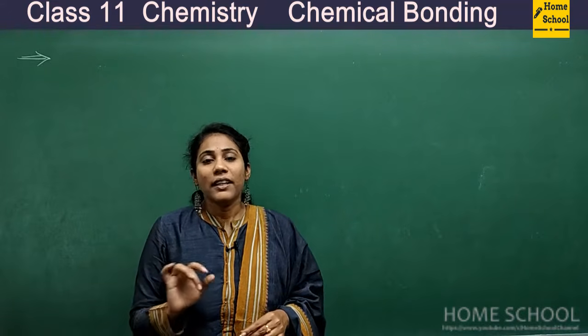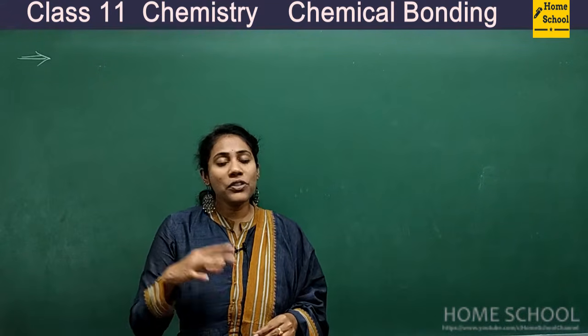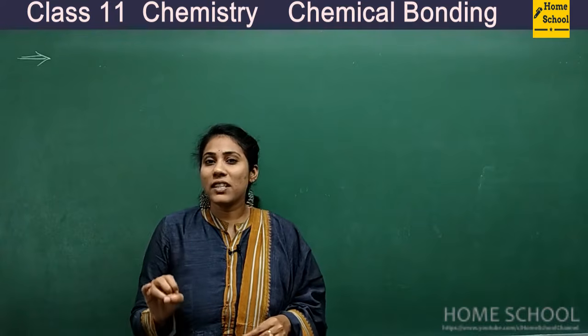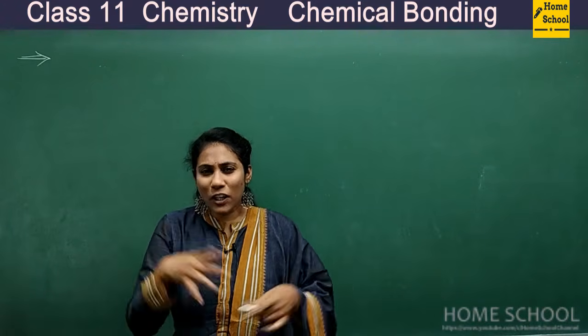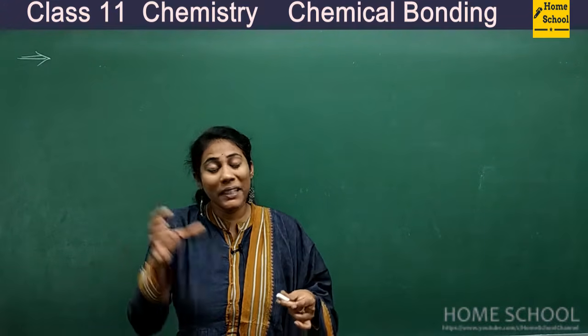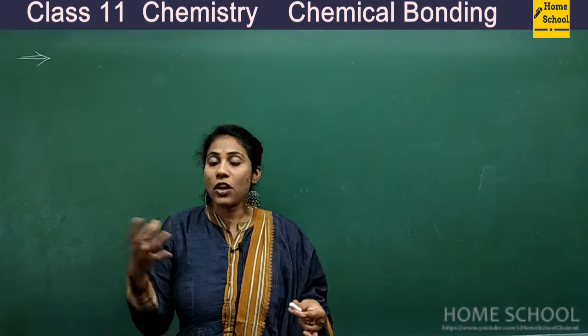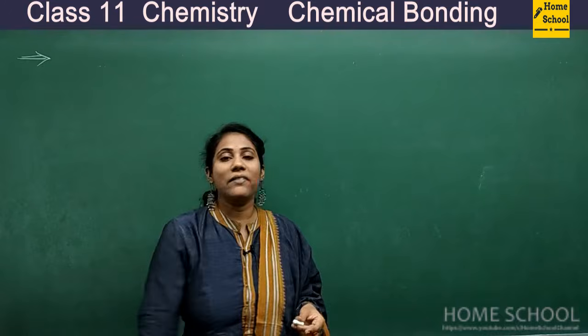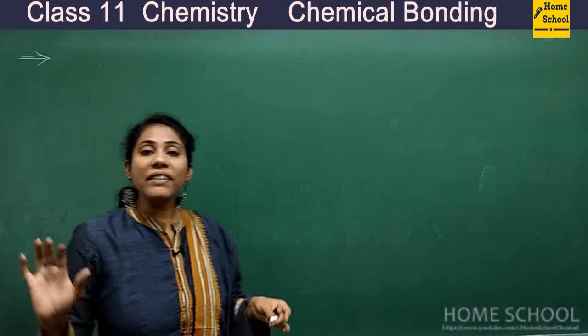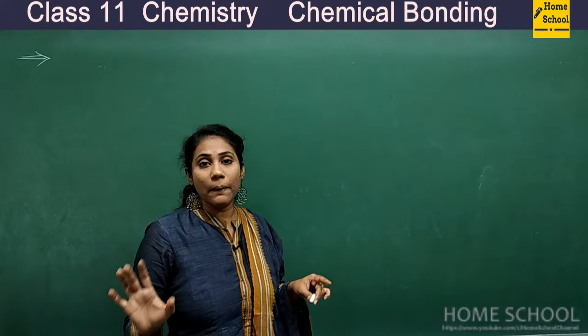Those Lewis dot structures are for covalent molecules. All the ions or molecules that I showed in my previous video have covalent bonds. So today we will discuss everything about ionic compounds.